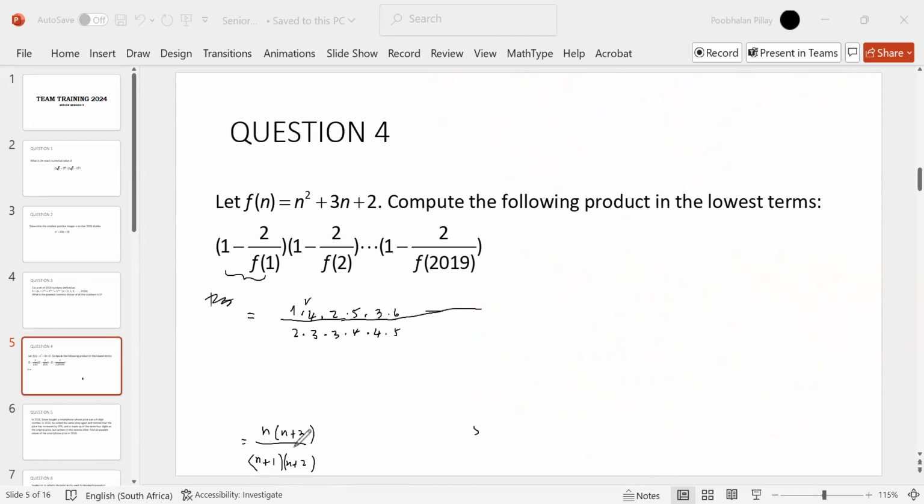Just keep going around in a circle like this. And the last one will be, n is 2019, 2020, 2021, 2022.